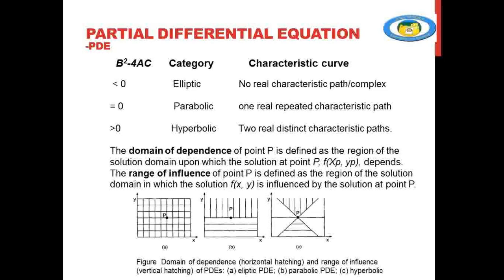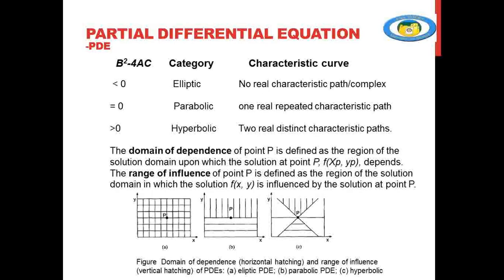Whereas in hyperbolic partial differential equations, there is a finite domain of dependence. Within the characteristics curve, there is a finite information propagation. So there is a very clear domain of dependence and range of influence in case of hyperbolic partial differential equations.